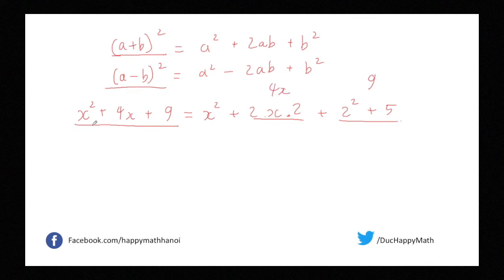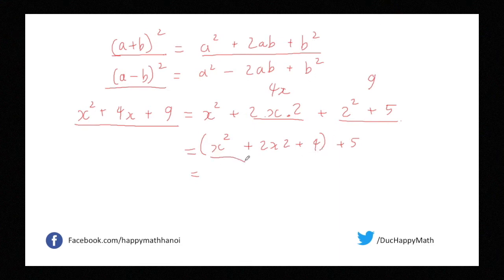So from the original expression, you want to leave the value unchanged, but you have to change its form. So you can combine the first three terms of the new form. You get a squared plus 2ab plus b squared, which means a squared, 2ab, 2 times x times 2, b squared, and 2 squared equals 4.